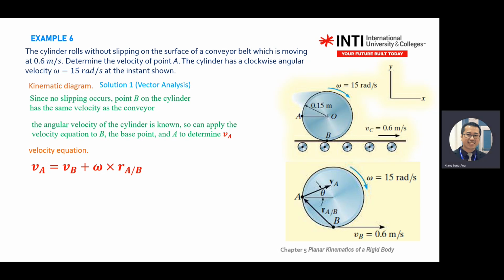Just now you know how to do it for VA. Do the same for R B/A. How? This one? Negative what?